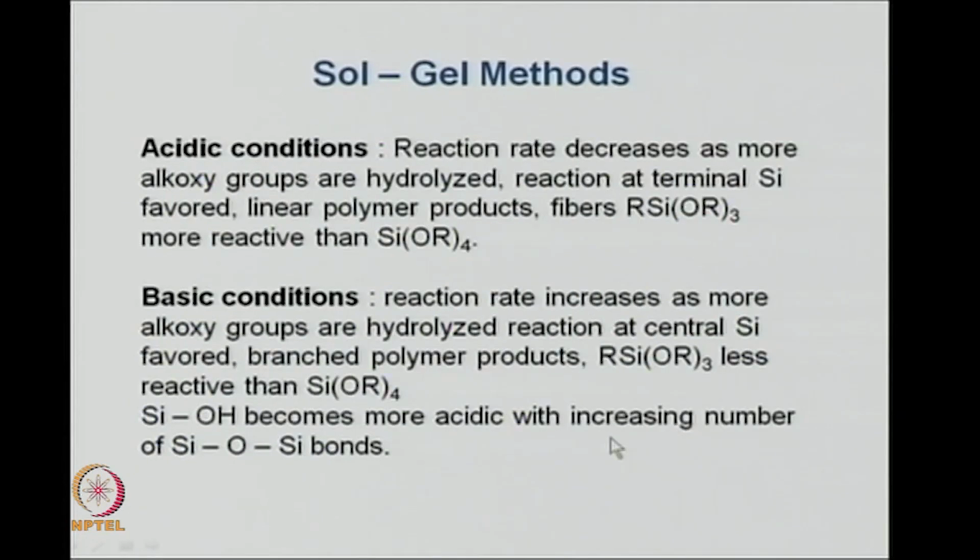So, to recapitulate, the sol gel method can be done in acidic conditions, where you are hydrolyzing alkoxy groups, and a reaction at terminal silicon is favored, whereas in basic conditions the reactions favor branched polymer products, and the reaction rate increases as more alkoxy groups are hydrolyzed.